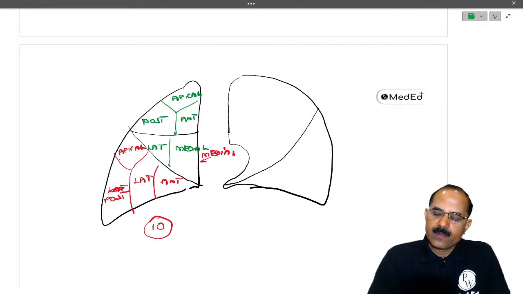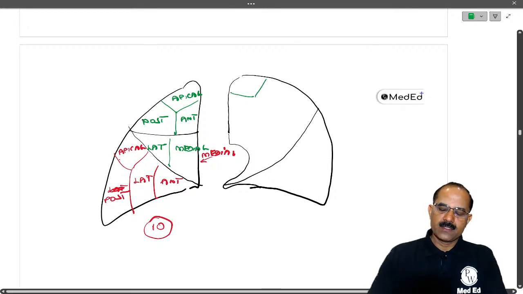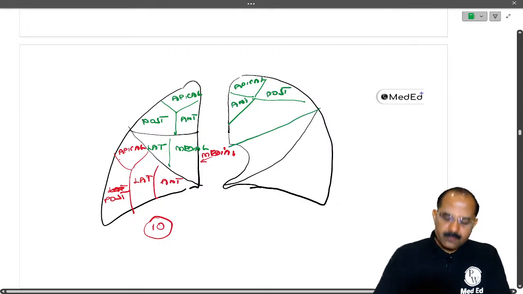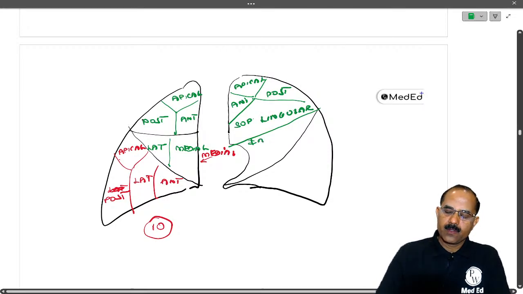For the left lung, bronchopulmonary segments are something similar. This is apical, anterior, posterior. This is what we call as the superior lingular, inferior lingular. बाकी same है.